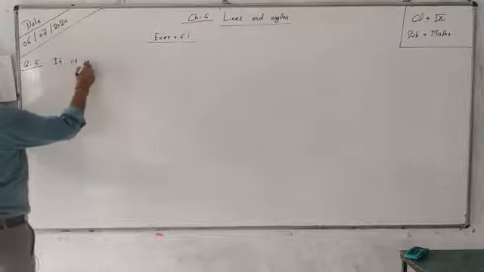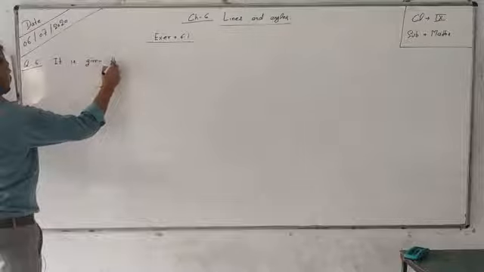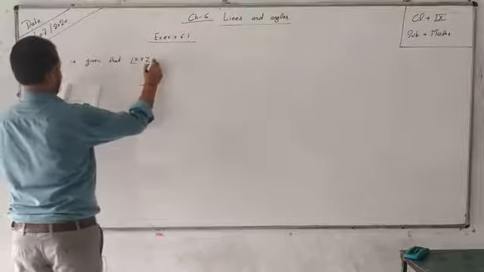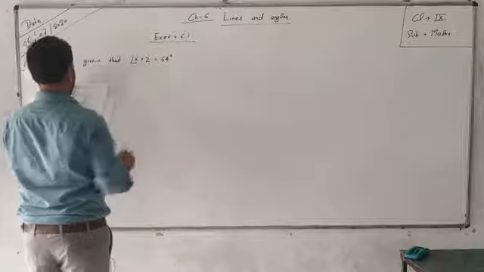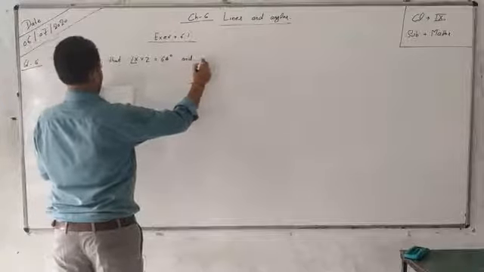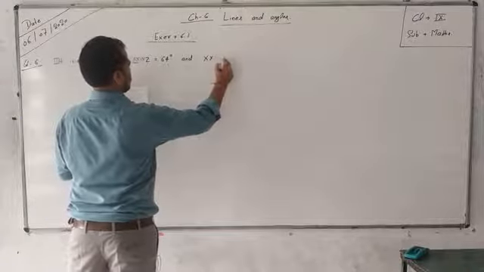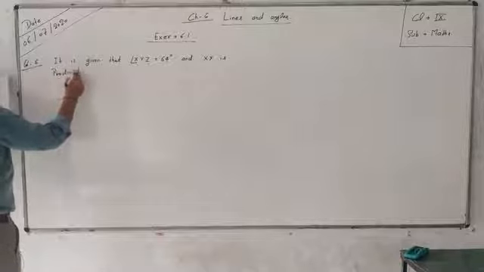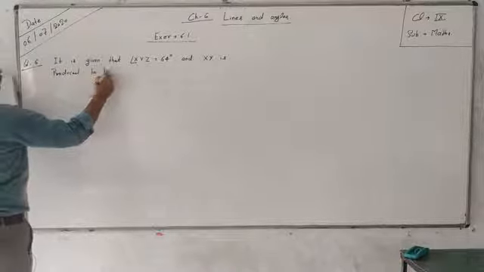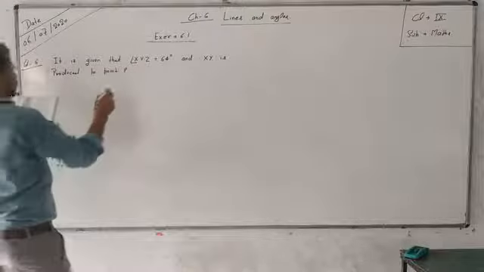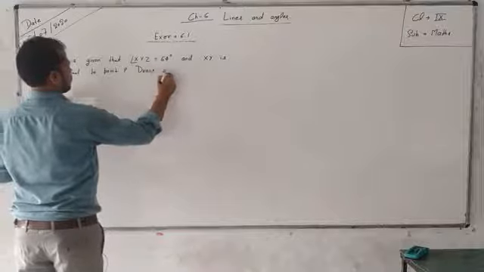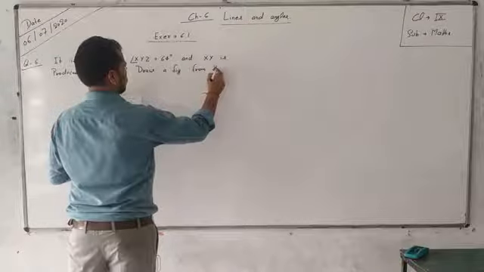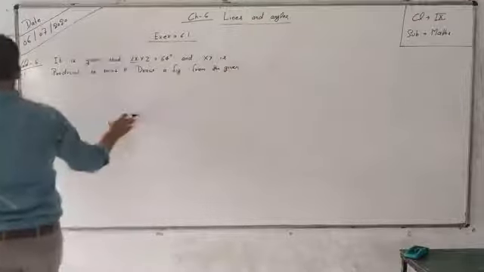Question number 6 is, it is given that angle XYZ is equals to 64 degree and XY is produced to point P. Draw a figure from the given information.